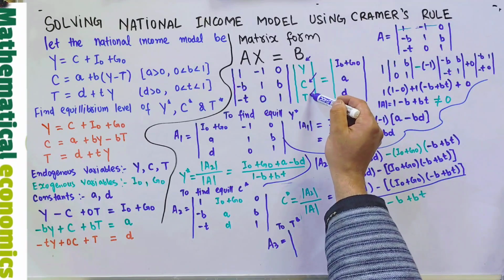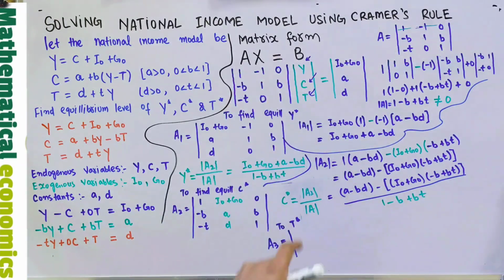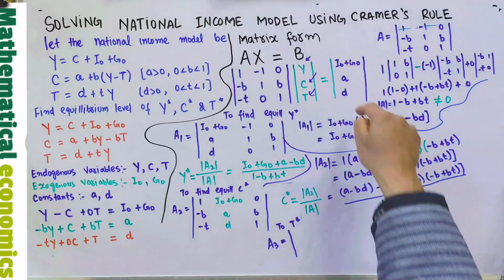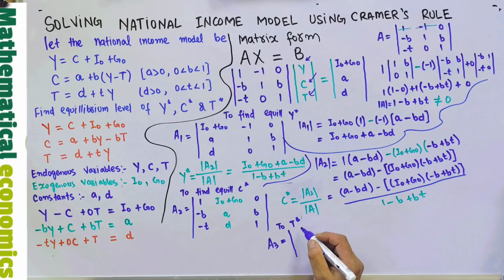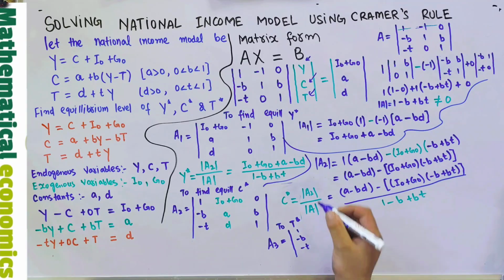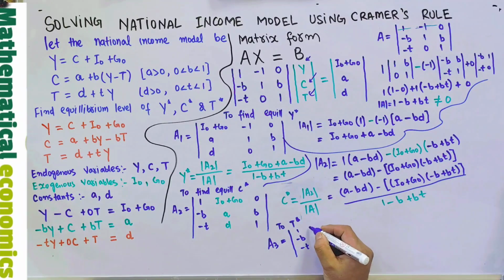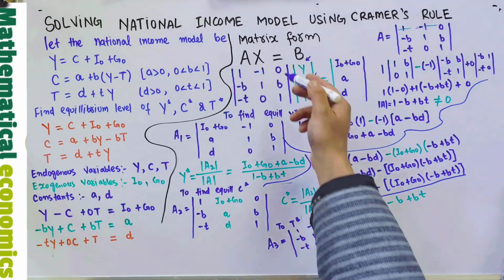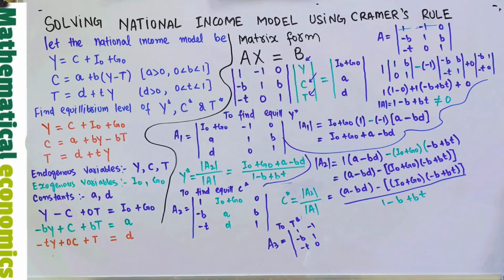Since we need to find the value of t, we replace the third column this time with the vector of constant terms. So A3 will be equal to 1, minus b, minus t; then minus 1, 1, 0; and in place of this 0, b1, we have I naught plus g naught, and then we have a and we have d.